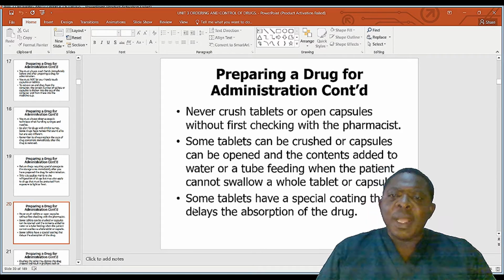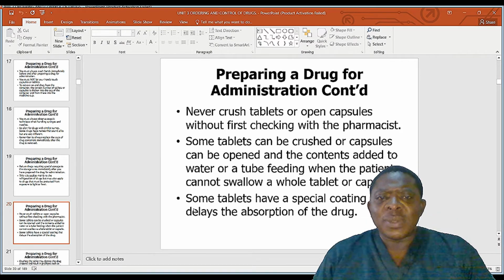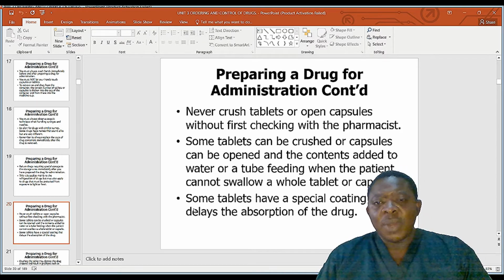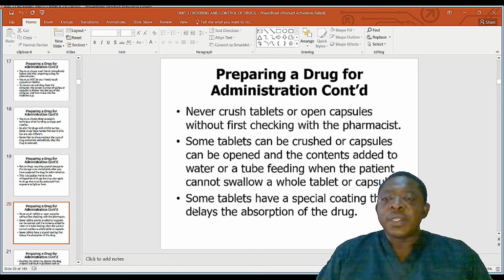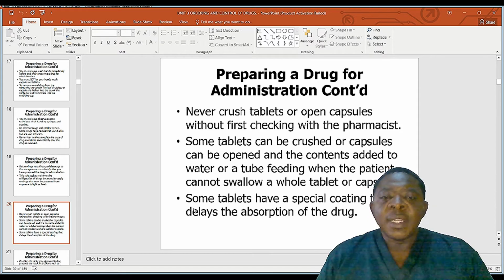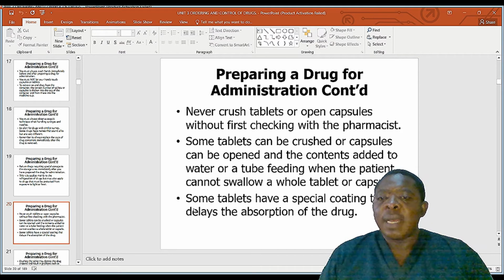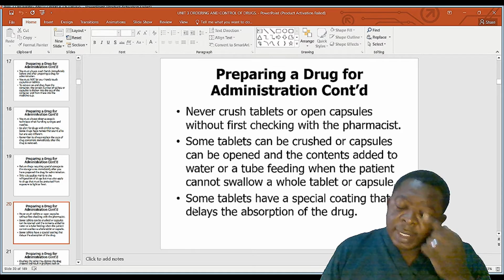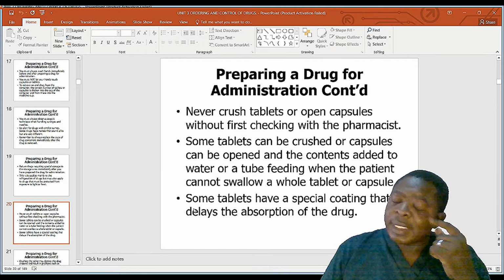Some tablets can be crushed or capsules can be opened and the content added to water or tube feeding when the patient cannot swallow a whole tablet or capsule. Some tablets have a special coating that delays the absorption of the drug. So you find that these drugs have coats, and then you cut them.